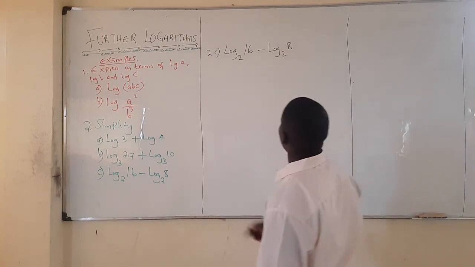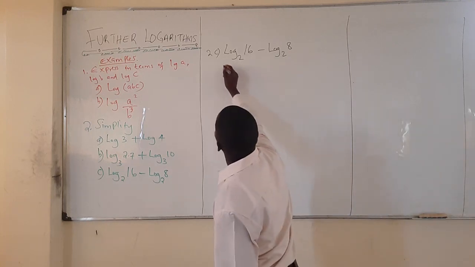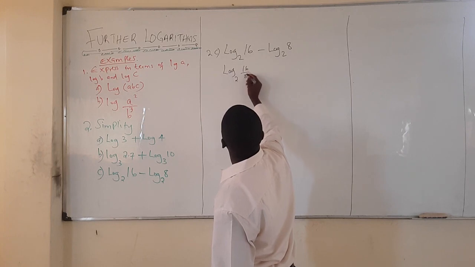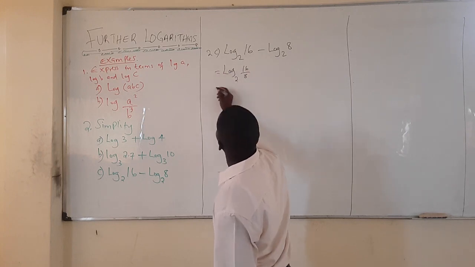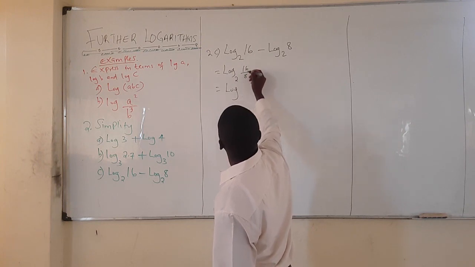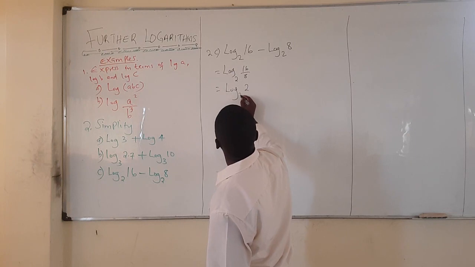So in this case, we have the quotient rule. So we get the log to base 2, 16 divided by 8, and this is going to be the log of 16 divided by 8, that one is 2, and the base is 2.